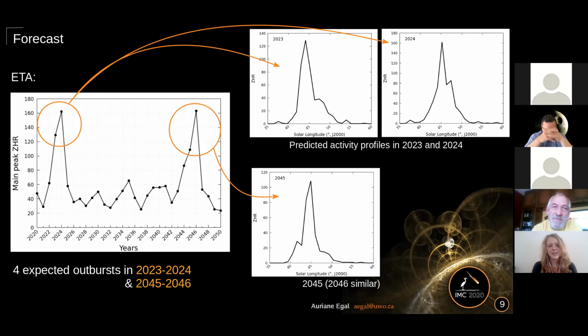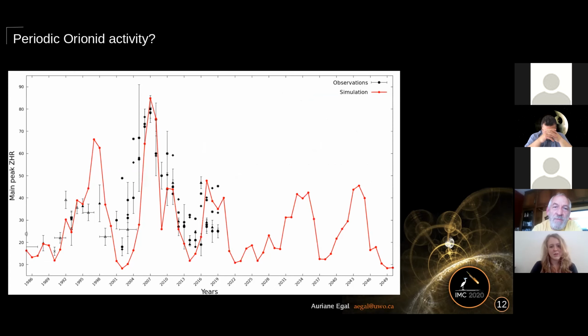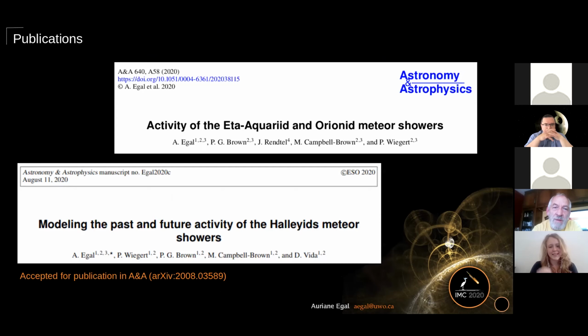Yeah, I tried to compare with ancient observations and the observations in the early 20th century. All the details are in these two papers here, but it was kind of hard because the observations were sometimes a bit contradictory, so it was hard to really use them.